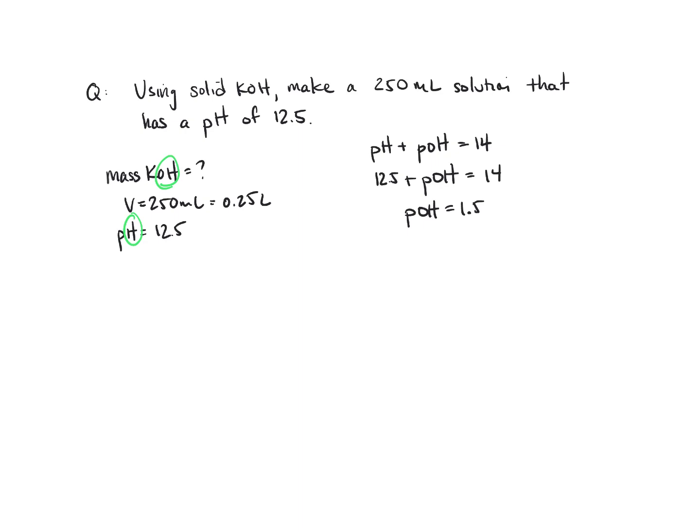To get back to mass, we need moles. So we're going to have to use our next equation. We have pOH, which corresponds to a concentration, but it's not really concentration. So what we need to do is figure out what the concentration of OH minus is. That's going to be equal to 10 to the negative pOH, which is equal to 10 to the negative 1.5.